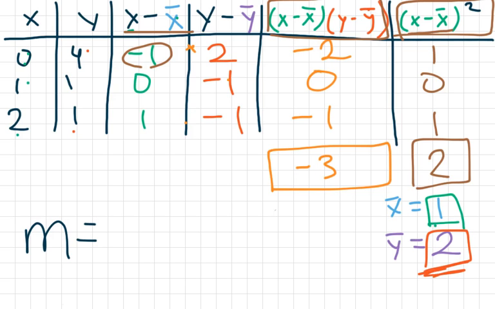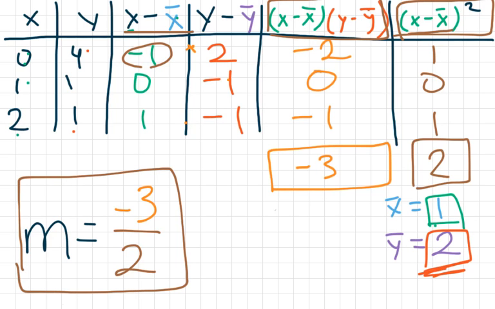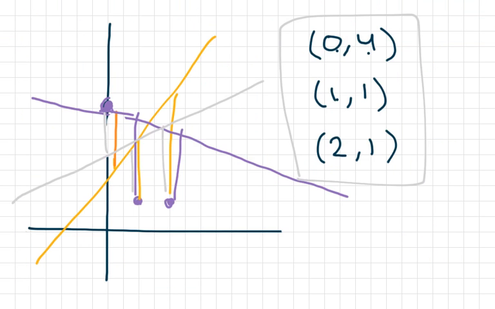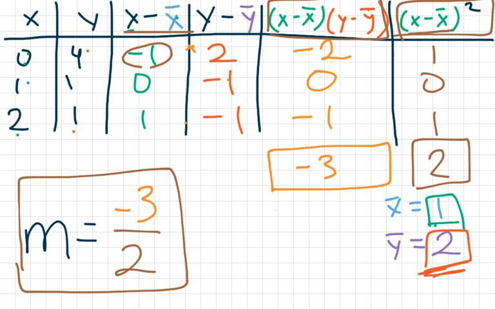M equals negative 3 divided by 2. So that's my m value. M is negative 3 halves. That's my slope. So I know my slope, this line of best fit, will be negative. It's going to be negative 3 halves. So that is how you find the slope. The slope for those data points was negative 3 halves.